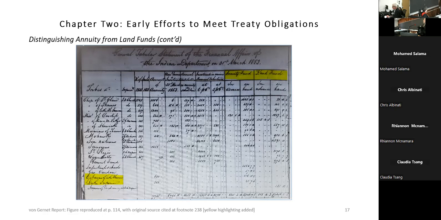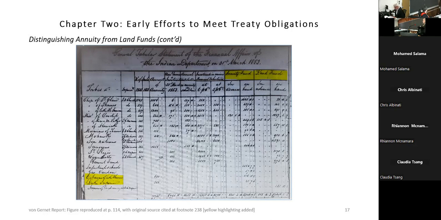Well, I should qualify that by saying that the land funds that were generated from those other arrangements that I was talking about earlier, which involved sales of reserve lands or leases, for example, so timber would be included in those funds.